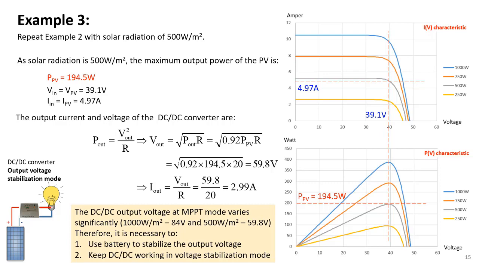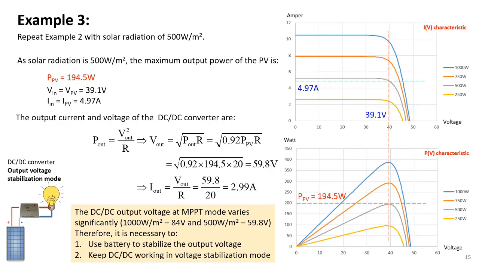So, the voltage and current have been significantly changed. Thus, the use of MPPT module to supply the power to the load is not reasonable. For example, the voltage variation range is wide.